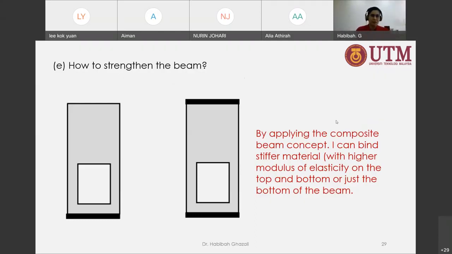Any questions you guys want to ask at the end of this question? We will have a look at the other questions. Semua faham ya? Does everyone understand? Okay, clear.